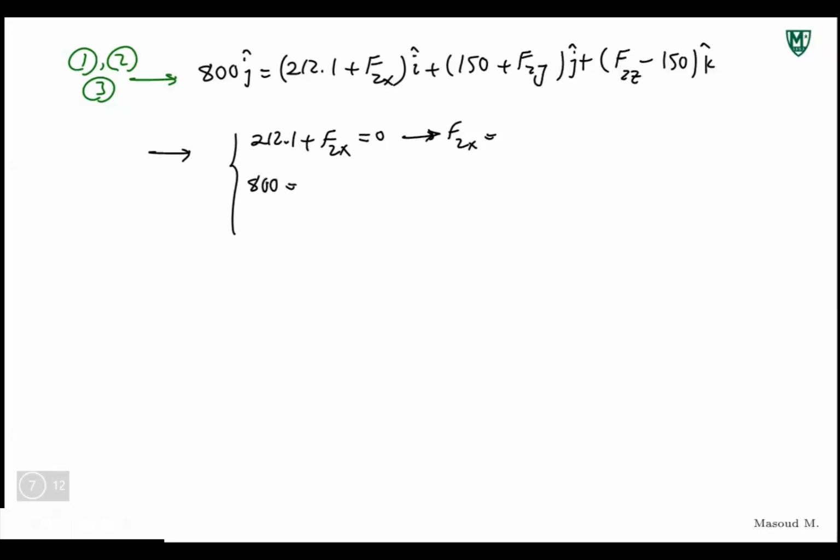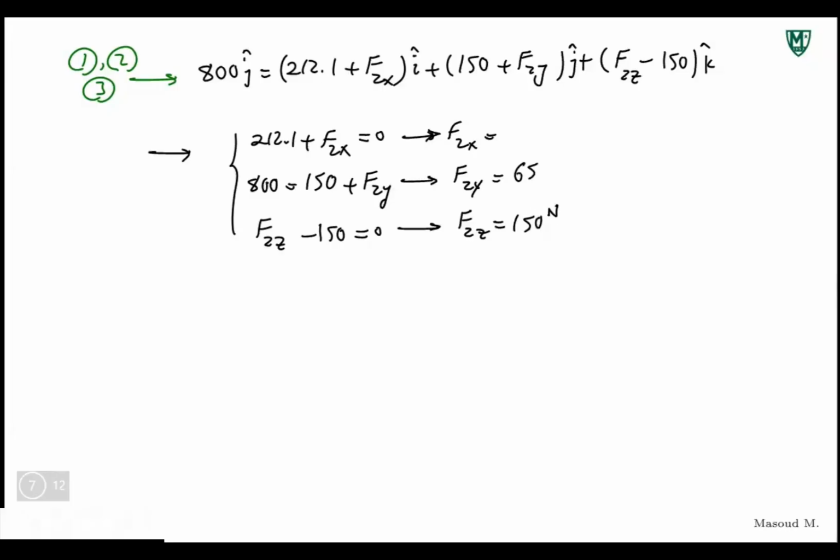On the right side, I have 150 plus f2y. So the only unknown here is f2y. Looking at components in z direction, nothing on the left side. On the right side, I'll get f2z minus 150 is equal to 0. So I get f2z as 150.